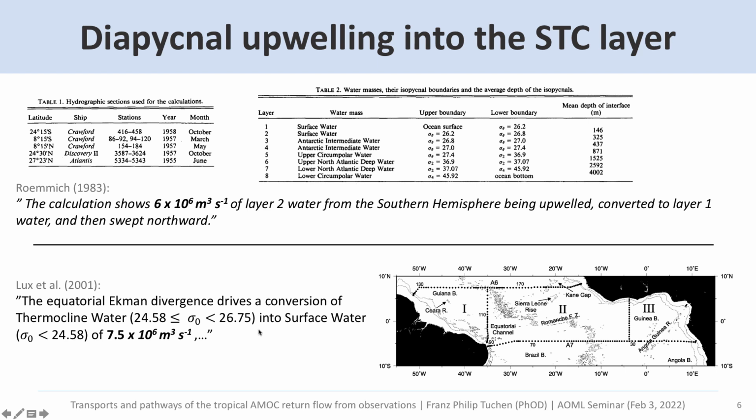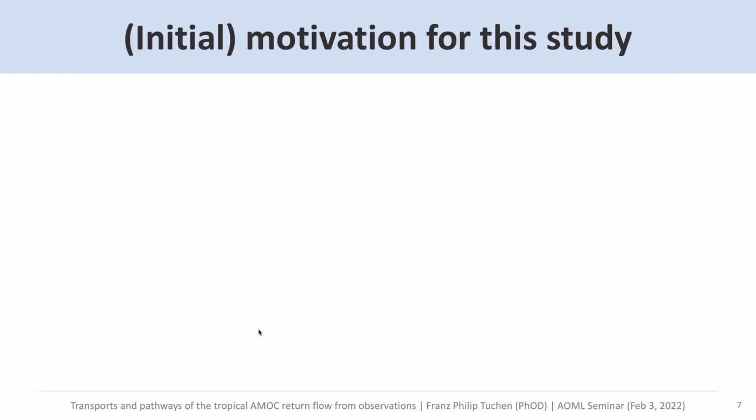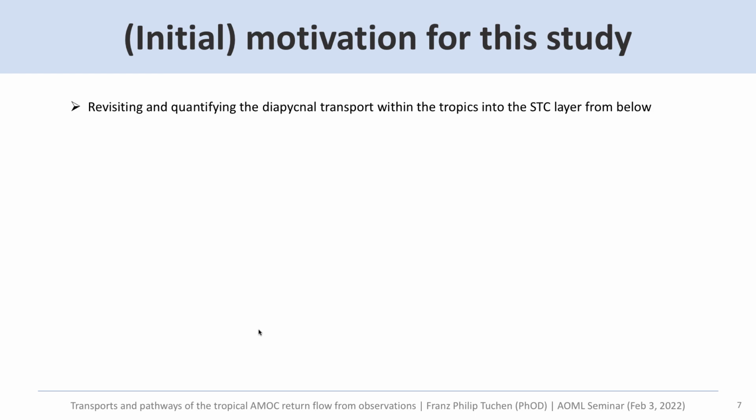So yeah, we wanted to understand this and wanted to repeat, or revisit and quantify this transport now based on Argo data. And what we're using now is an Argo mean field, just one mean field, also from Roemmich and Gilson, which is available on a 1/6 of a degree grid.